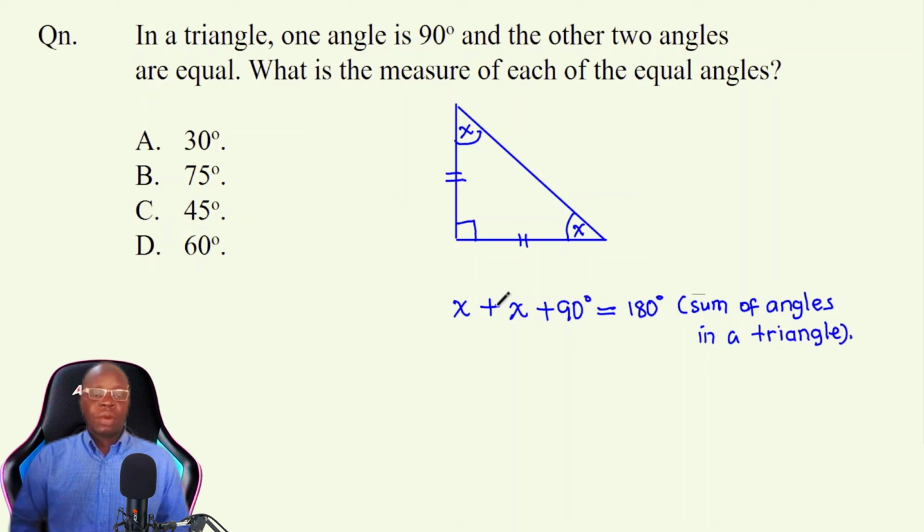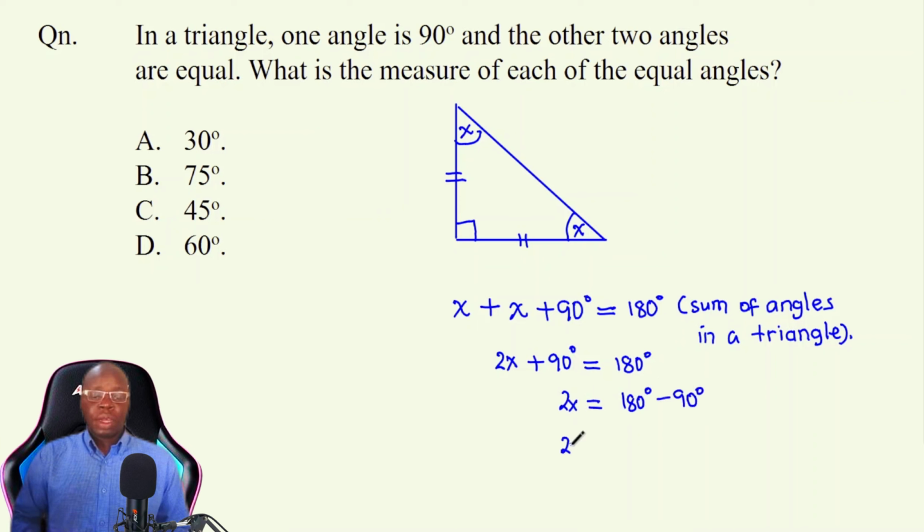From here, we can solve for x. First of all, we add these two x together, and we have x plus x, we get 2x plus 90 degrees. They must give us 180 degrees.